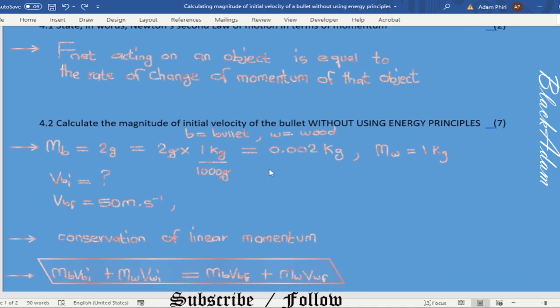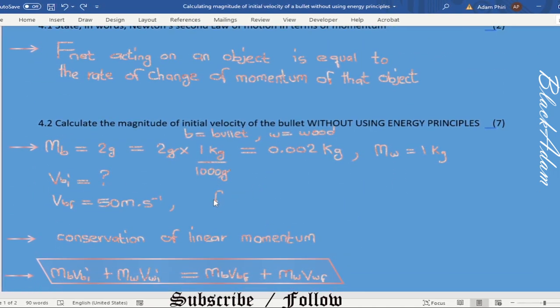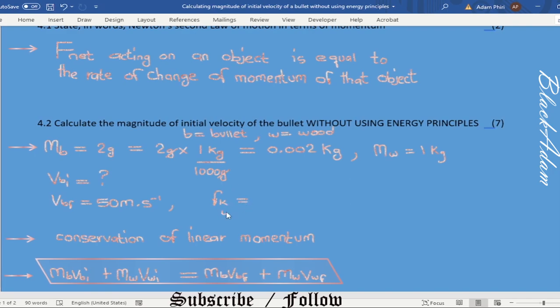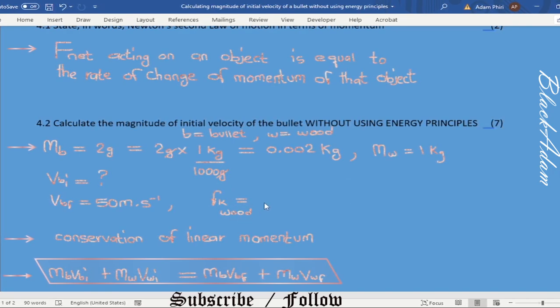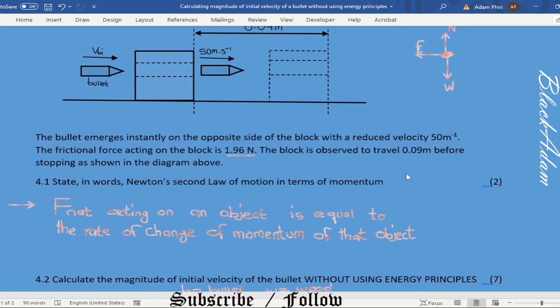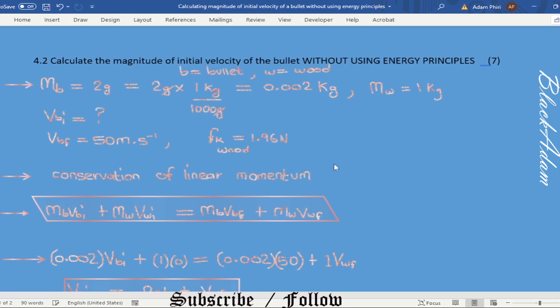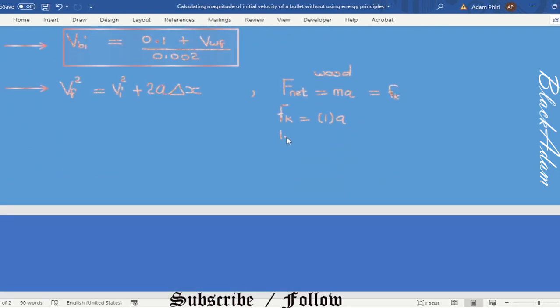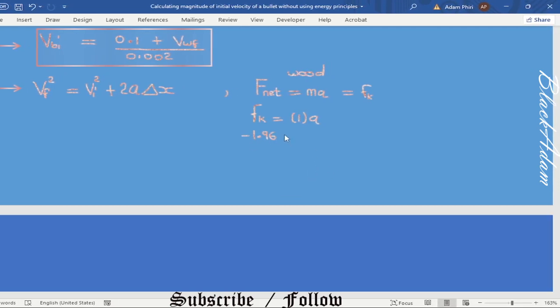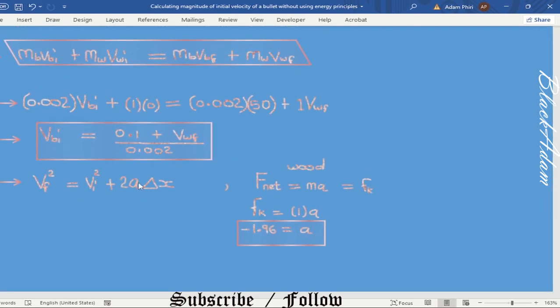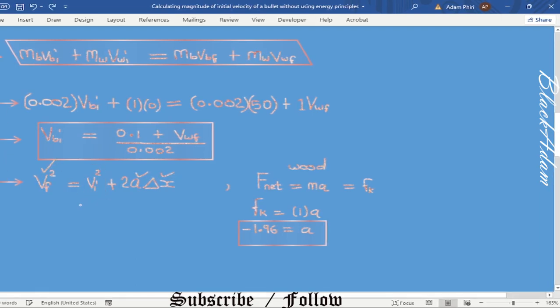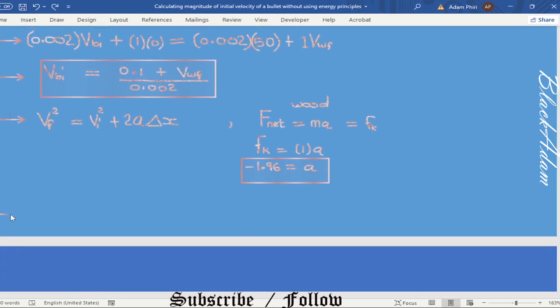Friction kinetic is 1.96 newtons that the wood is experiencing. So negative 1.96 is equivalent to acceleration. Why negative? Because it's moving opposite to the direction of motion. Taking right as positive, left is going to be negative.